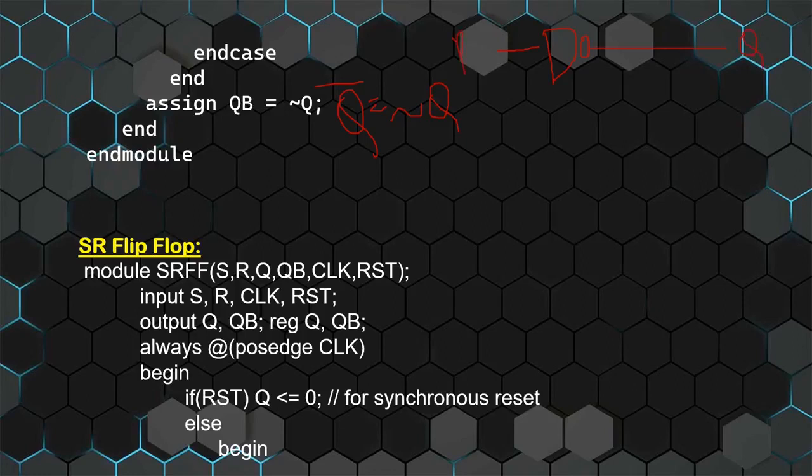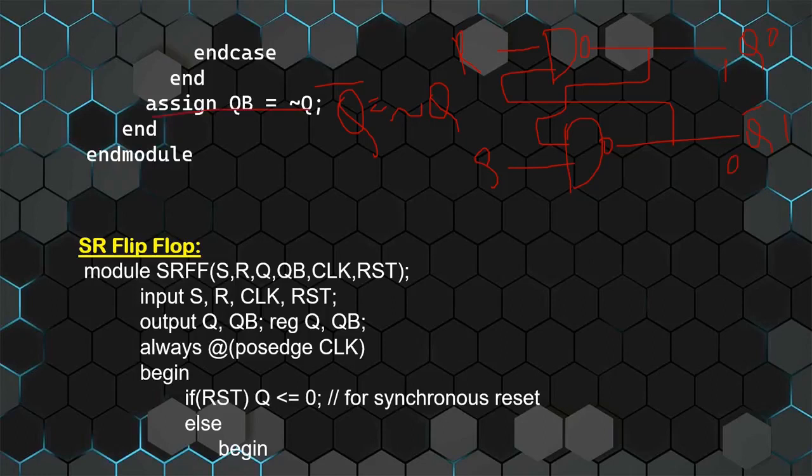And this is R. Here you had another NAND gate. Here you had Q bar as another output, and this is R. The Q bar output is given as input for this NAND gate, and the Q output is given as input for another NAND gate. If the Q value is 0, the Q bar value should be equal to 1. If the Q value is 1, then the Q bar value should be equal to 0. That is what this assign QB equal to complement of Q means.